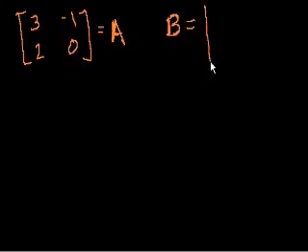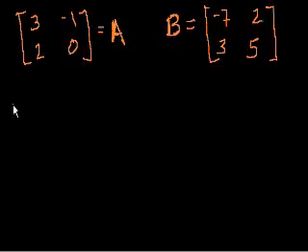Matrix B is equal to minus 7, 2, 3, 5. So my question to you is, what is A, bold like they do in the textbooks, plus matrix B? So I'm adding two matrices.